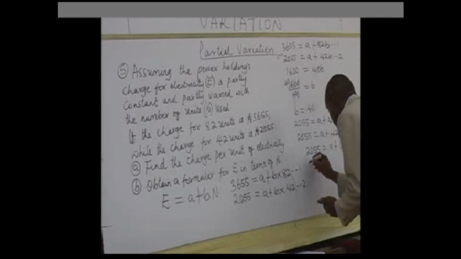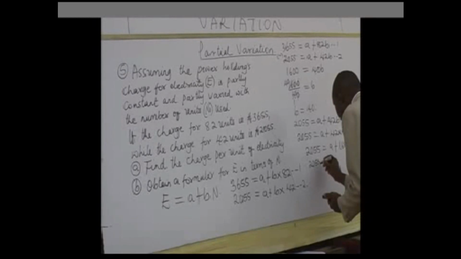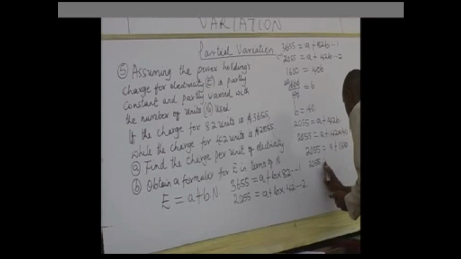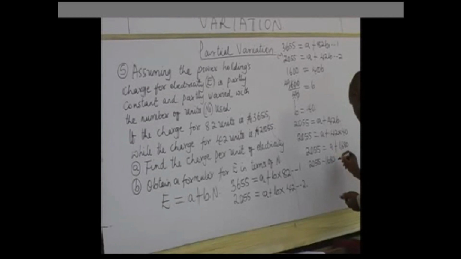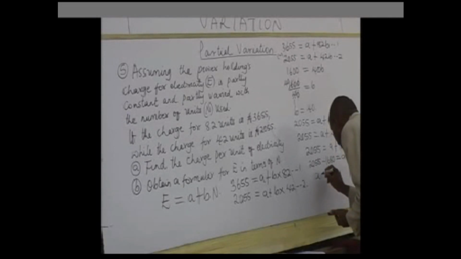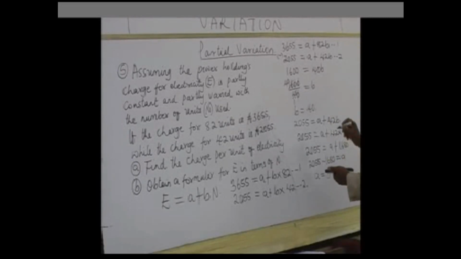We are going to have 2,055 minus 1,680 is now equal to A. So subtract 2,055 minus 1,680, that is 375. So our A is now 375. This is the value of our B, and this is the value of our A.